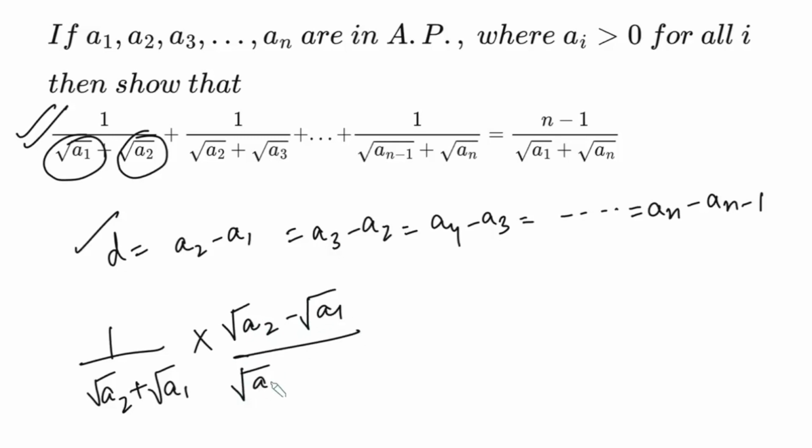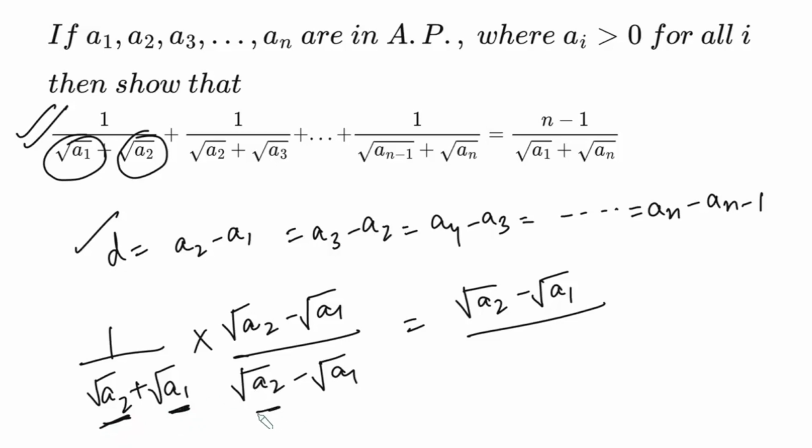So rationalizing the first term will give us square root a2 minus square root a1 over, and the denominator is in the form of a plus b times a minus b, which is a squared minus b squared. So we'll have square root a2 squared minus square root a1 squared.